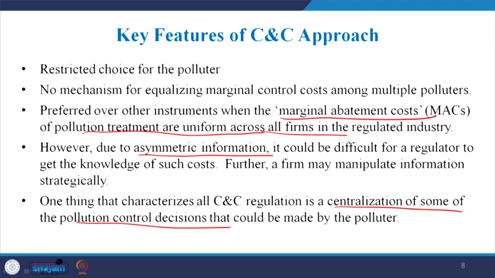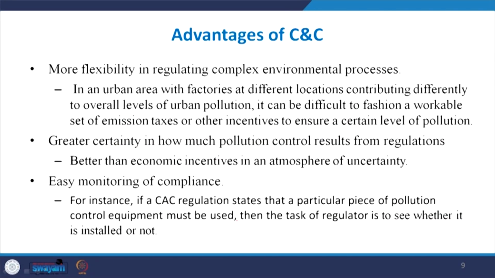Like in India we have the Ministry of Environment and Forestry, then we have the Central Pollution Control Board, we have the State Pollution Control Boards, we also have the local units of the State Pollution Control Board, but strategic decisions are taken by the central authority regarding how much emission standard should be set, and what kind of technology should be followed by a particular firm to produce the goods.